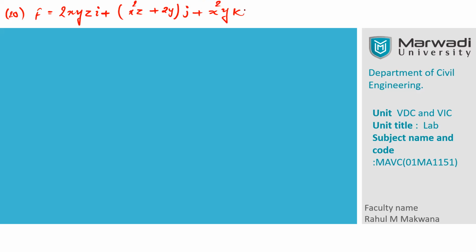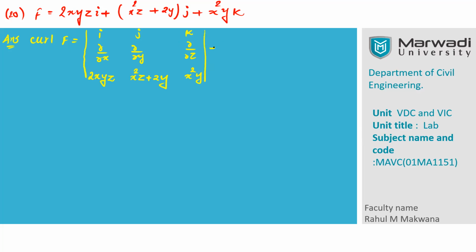Find the scalar potential function. So let us find the curl of f: i del by del x coefficient of i, j del y coefficient of j, k del by del z coefficient of k.